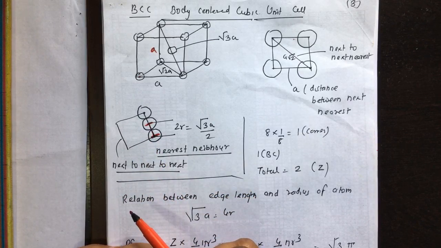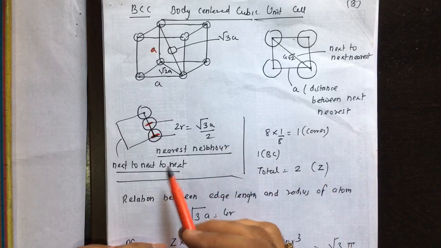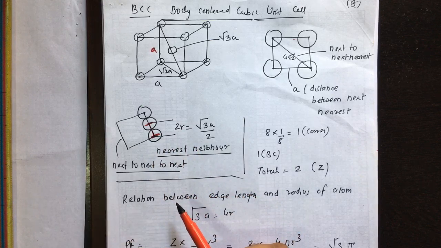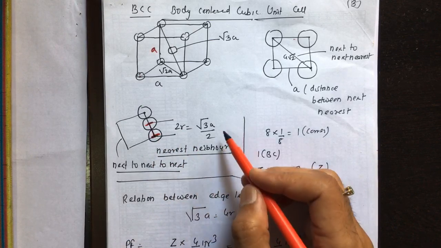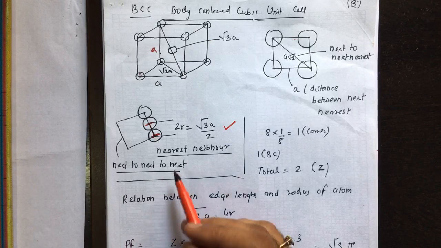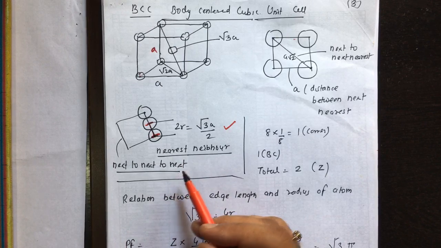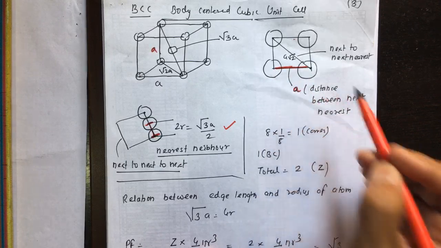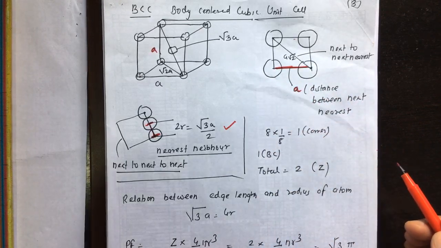Root of 3A by 2 will be the nearest neighbor, and this is R and this is R. So 2R is equal to root of 3A by 2, that is the nearest neighbor. I hope you understood it, everybody. And the next nearest neighbor, if this is A, is called the next nearest neighbor.